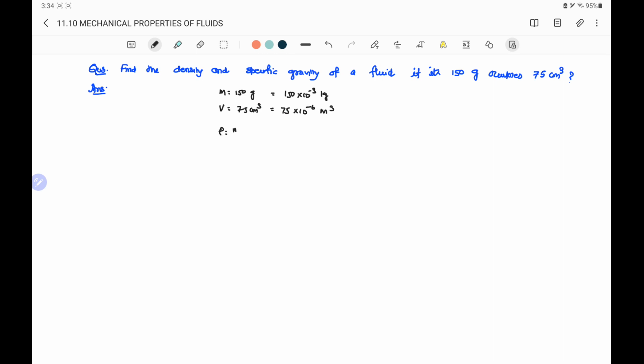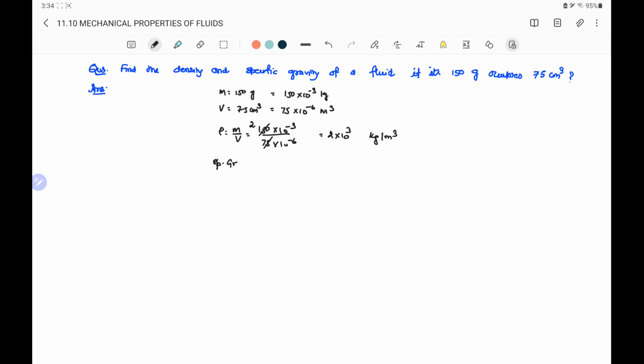Density is mass per volume. So we will put the value here. And on simplifying, 150 gets cancelled by 75 by 2 and it will be 2 into 10 to the power 3 kilogram per meter cube.